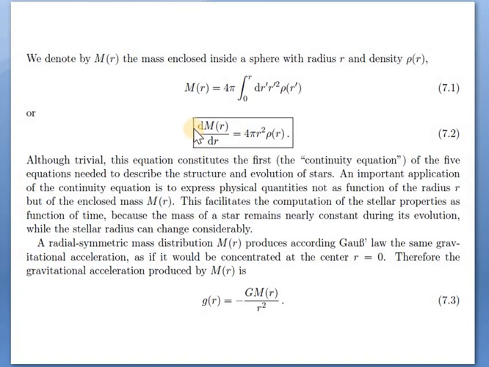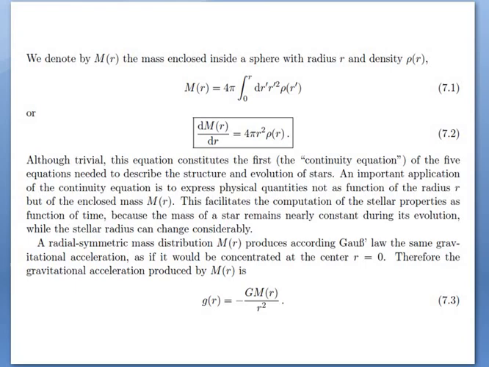Now, an important application of the continuity equation is to express physical quantities not as a function of the radius r but of the enclosed mass, as I have just told you, and this facilitates the computation of stellar properties as a function of time. Right?